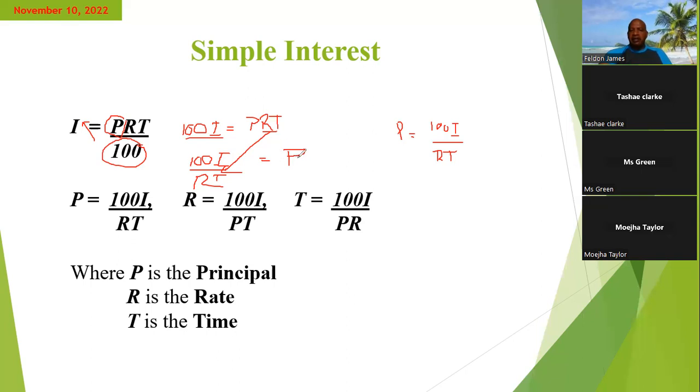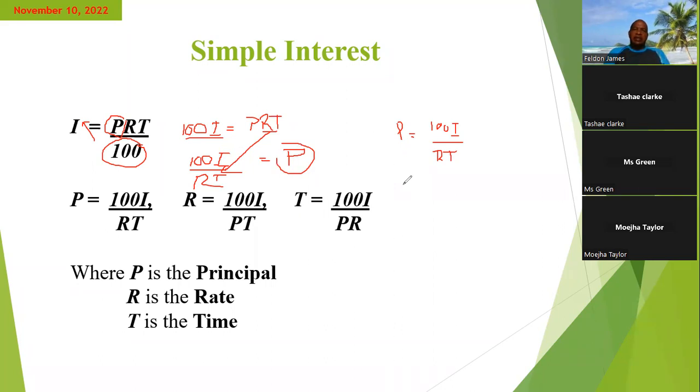But generally, when we write the subject, we don't keep it on the right-hand side of the equation. We generally move it to the left side. So in order to get it to the left side, we flip around the equation. So this P now on the right, we just bring it to the left. And all of this on the left, we just bring it to the right. We just flip it around. Is that clear? Yes, sir.